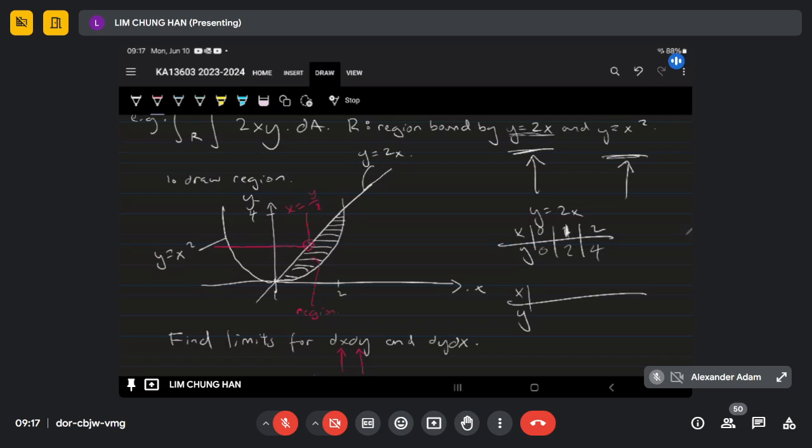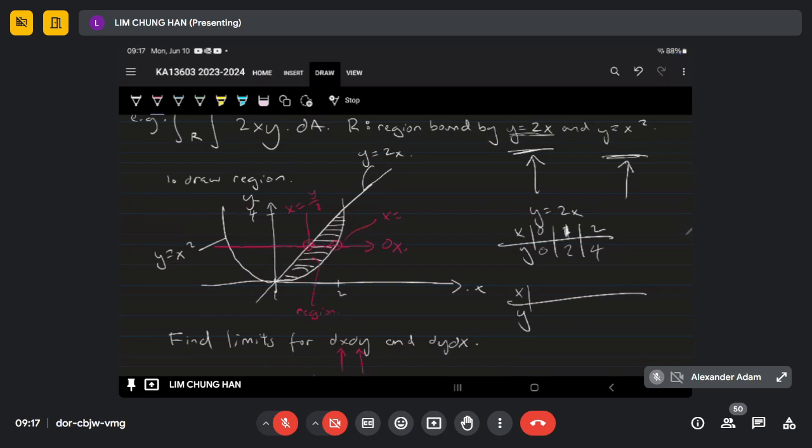Does everyone know why it's y over 2? You just rearrange the equation for that line. Okay, then I keep going. I hit my second point. What is the x there?